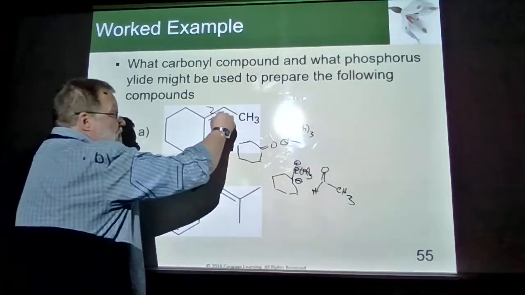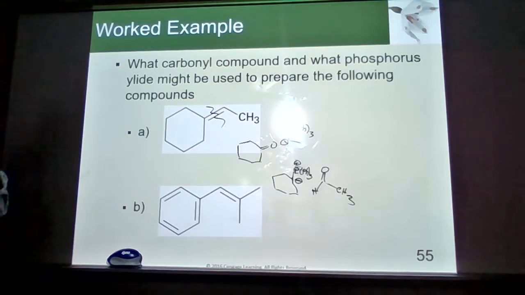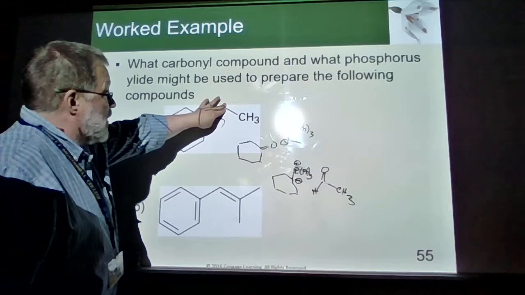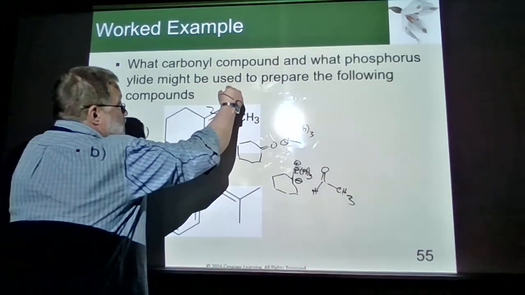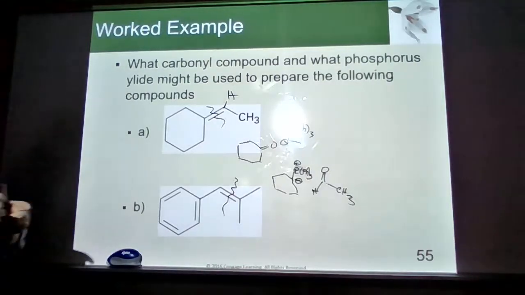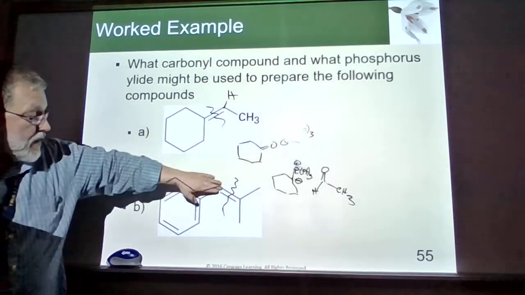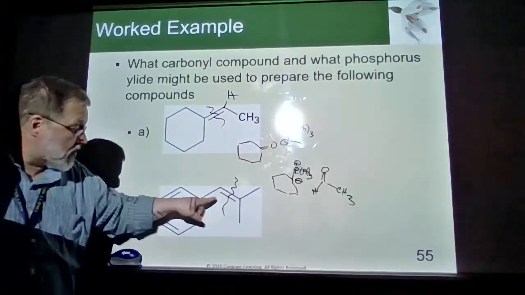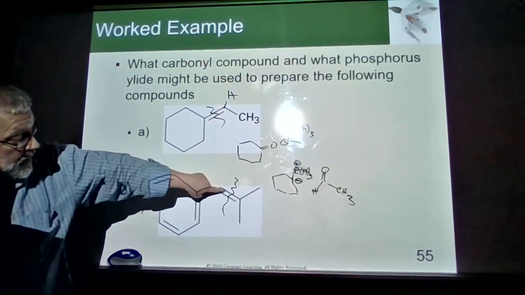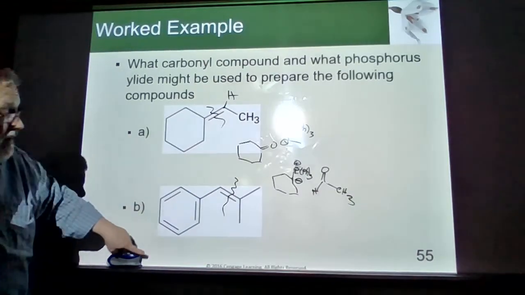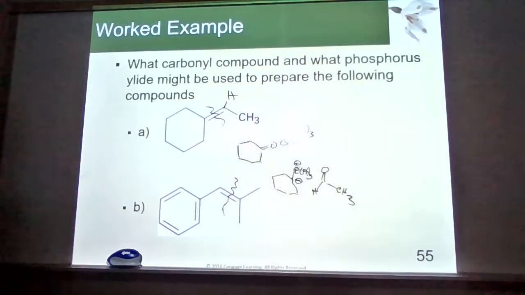So we're looking at forming the carbon-carbon double bond there. That would either mean we have a C double bond O here or a C double bond O here. Using the Wittig reaction, we would have to have the C double bond O here, either acetone or this corresponding aldehyde, this benzaldehyde, just depending upon how you wanted to break it.